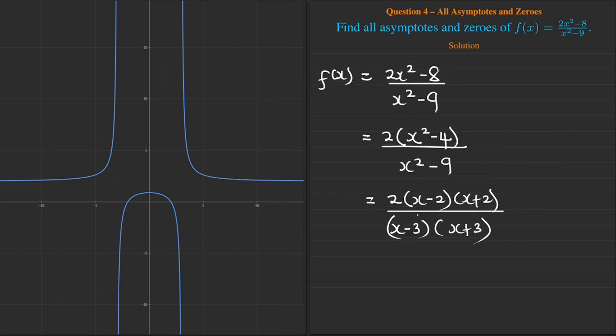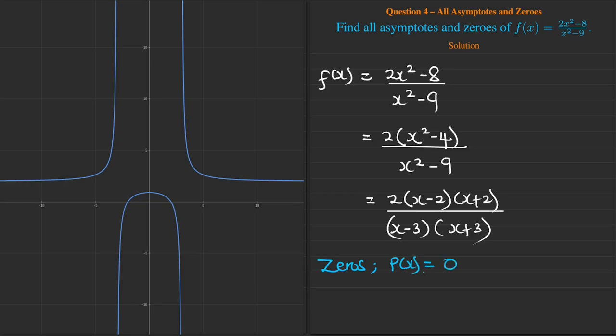So now let's look at how this is going to help us to get our zeros and then our asymptotes. For the zeros, all we need to do is to equate the numerator. Let's call the numerator p of x and equate it to 0.